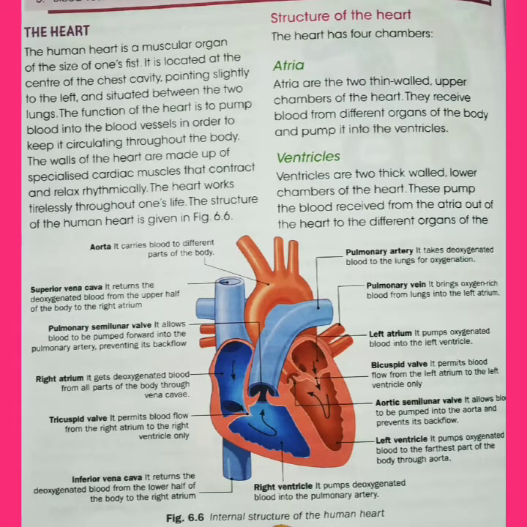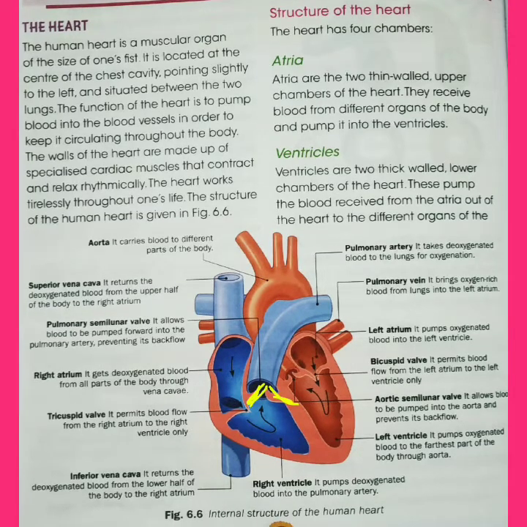Now here is another valve called pulmonary semilunar valve. So what is the function of pulmonary semilunar valve? First of all, the superior and inferior vena cava brings deoxygenated blood from different body parts into the right atrium.